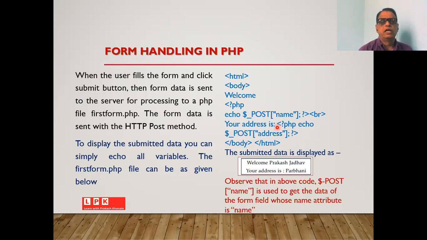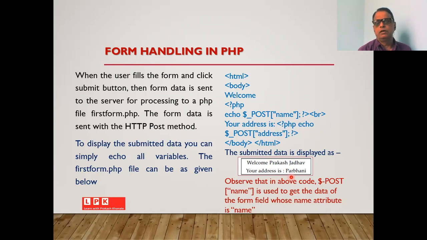So the message that will be displayed will be welcome, then the name, and then your address is, and then we are echoing the data of the address. So when you execute this PHP code in the proper PHP environment, the submitted data will be displayed on the screen, such as welcome followed by the name, and then the words your address is, and then the address will be displayed.